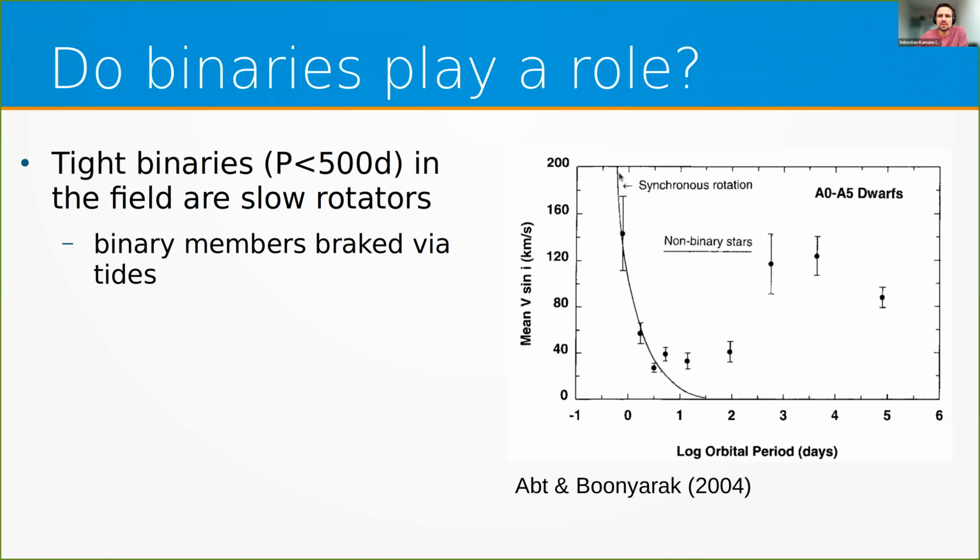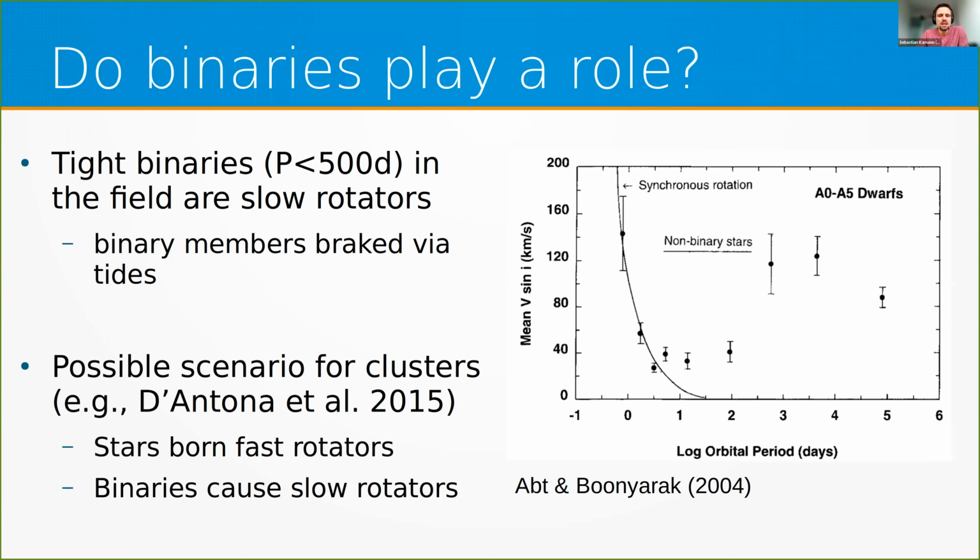And then at some point you have tidally locked, or sorry, synchronized rotation. And this is explained because the binary members are then braked via tidal forces. And if you translate this idea to clusters, then you could think of a scenario where all stars are born fast rotators, and then the binaries cause the slow rotators.